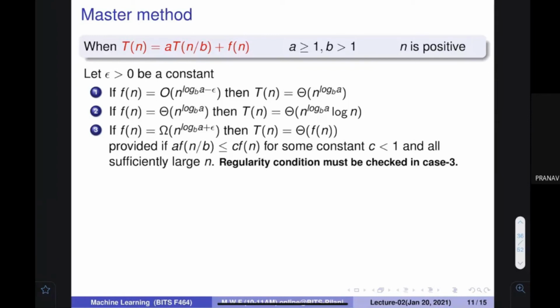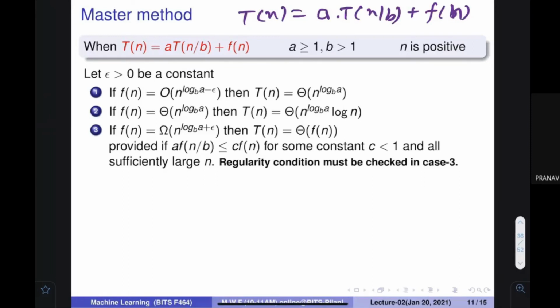Another method is a direct method called the master method. It can only be applied where my equation is of this particular form: Tn equals a times T(n/b) plus f(n). The problem is divided into b parts, a parts need to be solved, a multiplied by T(n/b), and there is some cost associated with this divide, that is f(n).